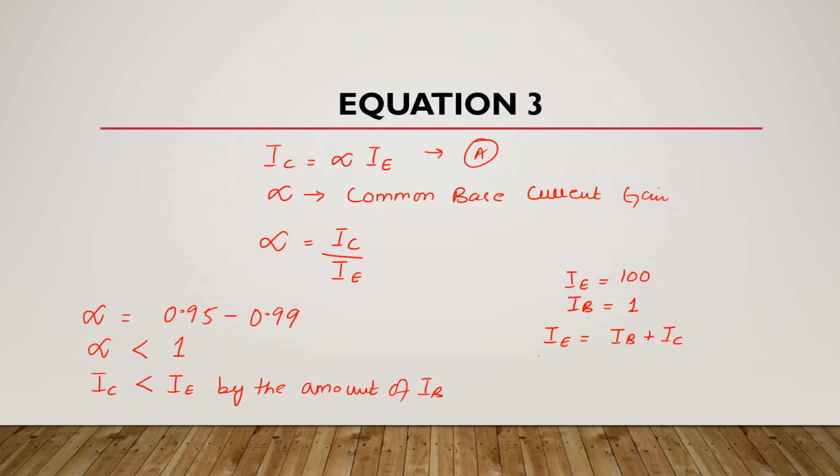It means IC is equal to IE minus IB. In this case it is 100 minus 1, so collector current is 99. So alpha will be IC divided by IE, which is equal to 99 divided by 100. It means this alpha is 0.99 in this case.